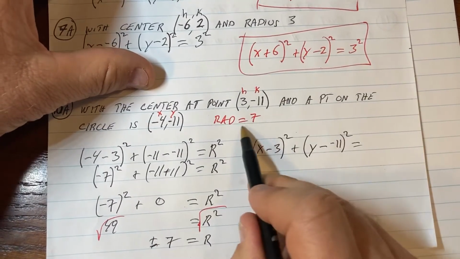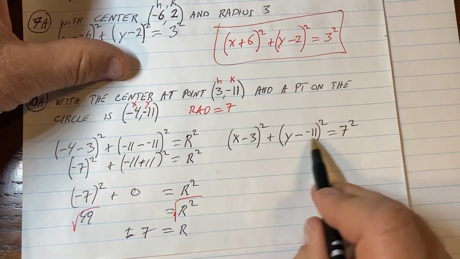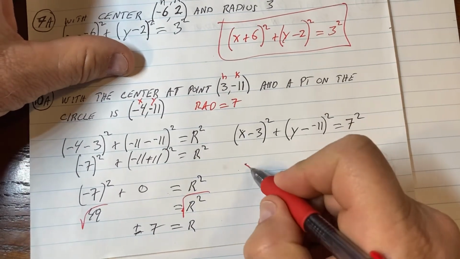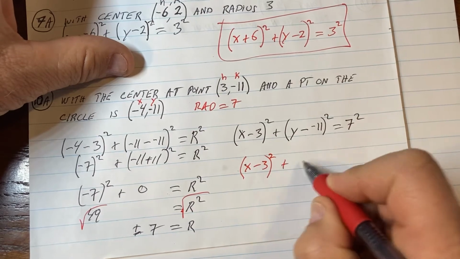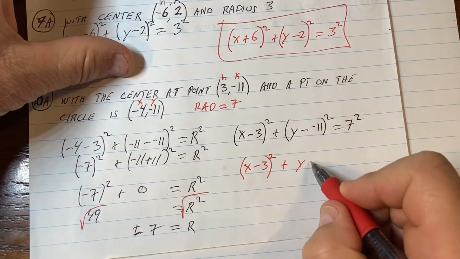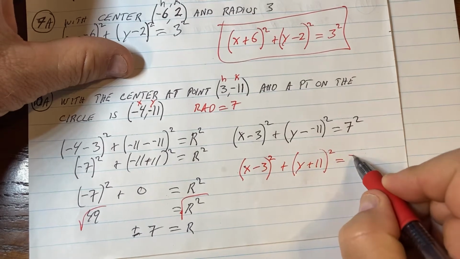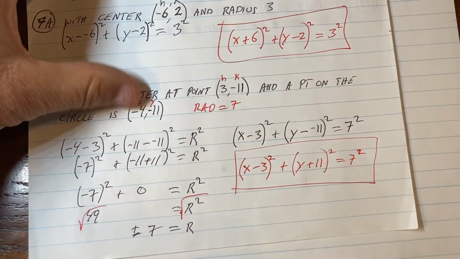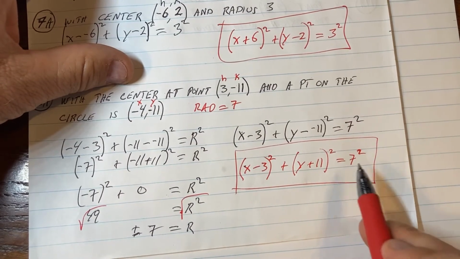What was r? 7. Can we simplify this? Yeah, right there. So we get x minus 3 plus y plus 11 squared equals 7 squared. Bada bing, bada bang, bada boom. Leave it like this. I do not want to see it as 49. I want to see it as 7 squared.